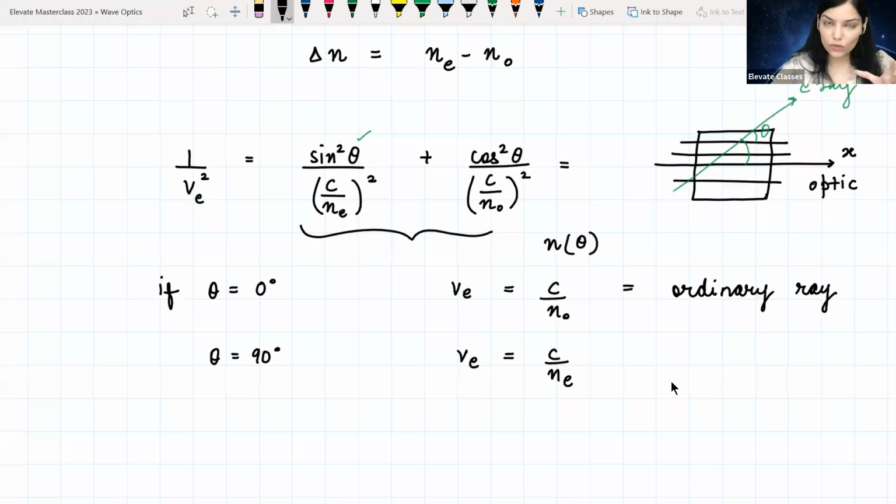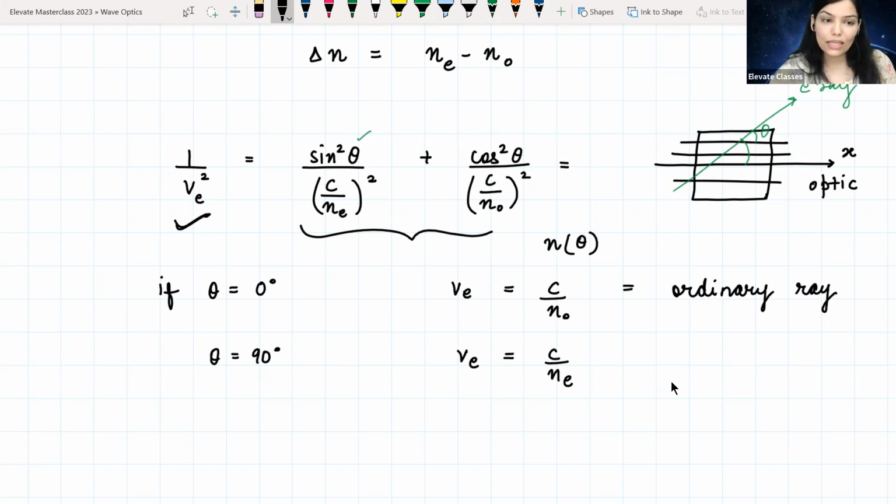Currently, I've only told two values, N0 and NE, which I can calculate by certain means. And I find out that the velocity follows this kind of behavior. So now at a different theta, I will put the value of sine theta and cosine theta, and it will give me some value of VE. I will calculate this term.